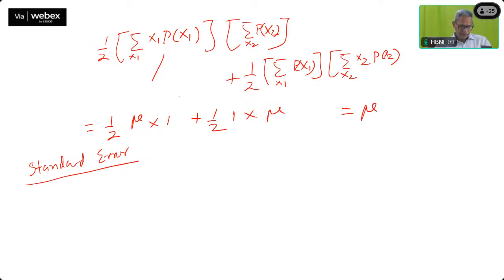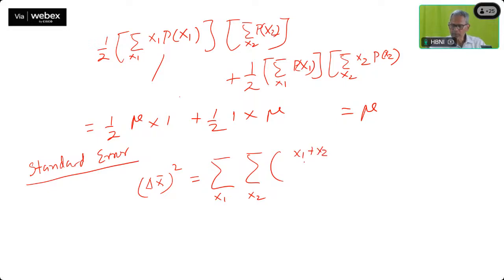So how do I calculate that? Let us write that. Variance is equal to the sum over x1, x2 of (x1 plus x2 divided by 2 minus mu) square, dx1 dx2.